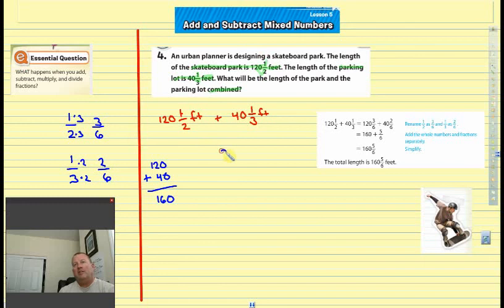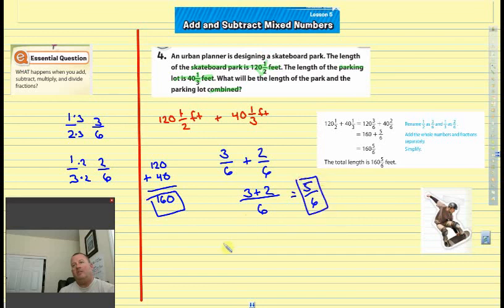In this case, it's going to be 3/6 plus 2/6. Or, like I showed you before, take the 6 and then take your 3 plus your 2. You add those together, you get 5/6. So now you have your 160 and your 5/6. You put it together and you get 160 5/6 feet.